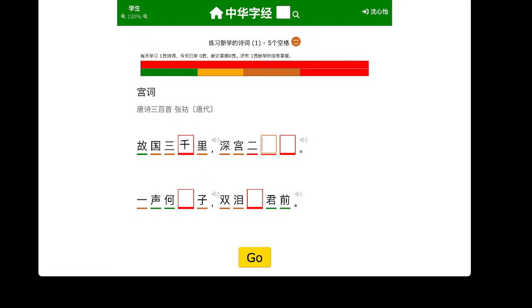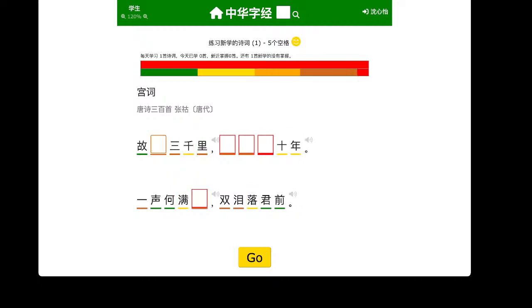But he uses 君 here, is it referring to himself, though? 深宫20年.